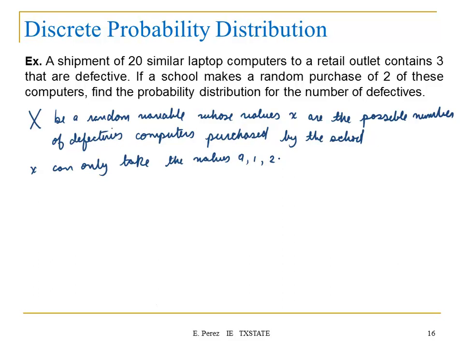So in order to get that probability distribution, we need to find the probability of getting 0, 1, or 2. Okay, so let's start by finding the probability of x equals 0. Any ideas on how to get that based on the material from our second lecture?